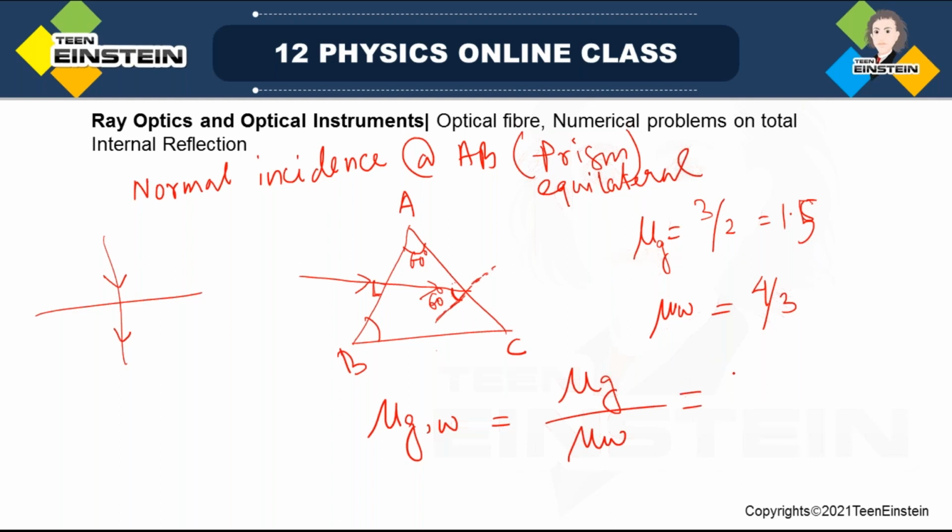So mu g is 3 over 2 and this will be 4 over 3. Hence it will be 9 by 8. This will be the refractive index of the prism.